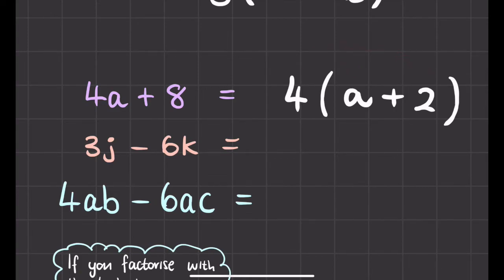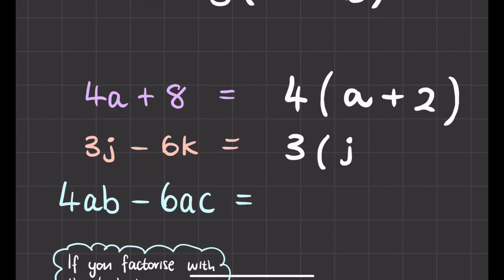Okay, the next one. What's our common factor now? What's the highest common factor we can find? So these are both multiples of 3, aren't they? So 3 is a common factor. So I've got 3, and if I wanted 3 groups here, I could put a j in each group. And in order for me to make this minus 6k, if I split that up into 3 groups, how much would be in each group?